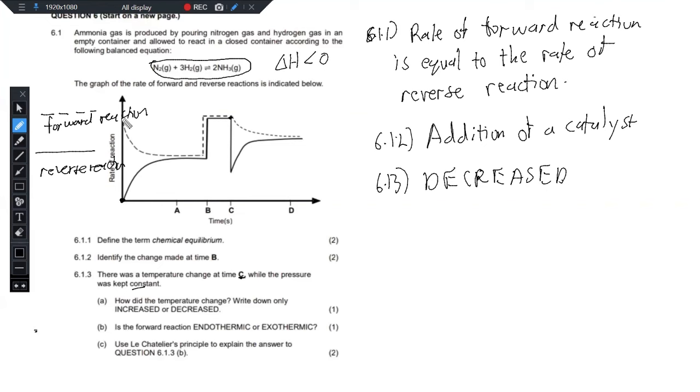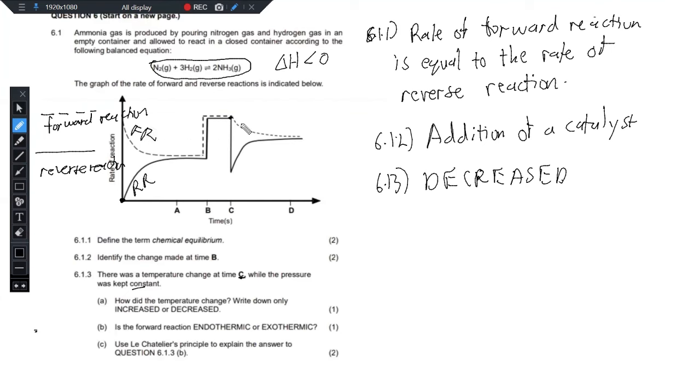The one that starts from here and decreases like that is always the forward reaction. Again, that is from your notes.